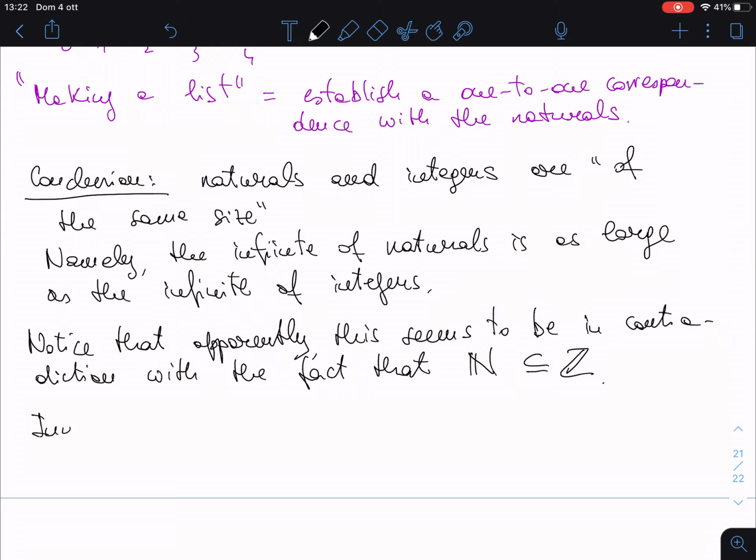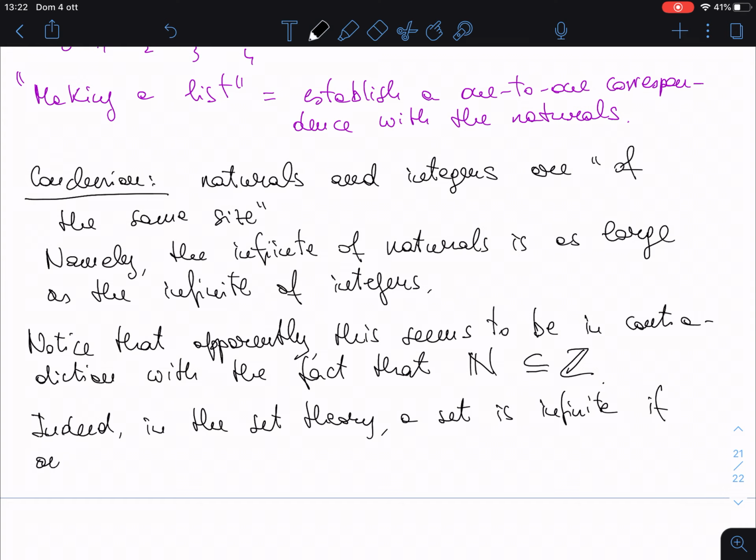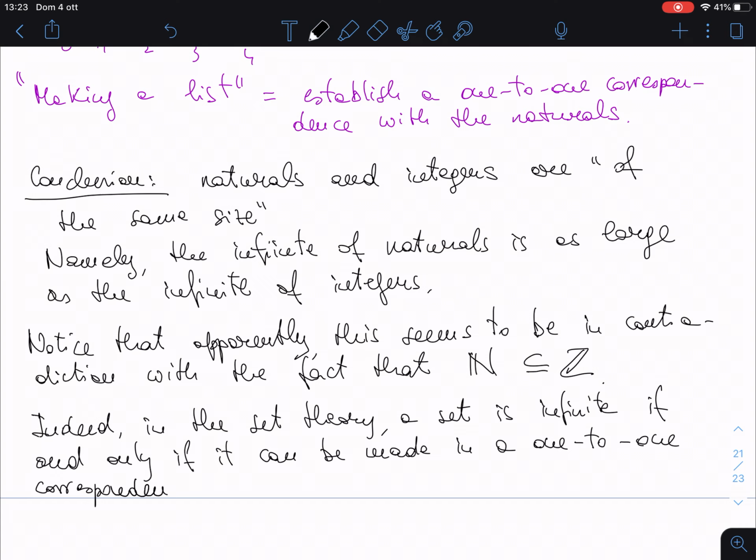Indeed, in the set theory, a set is infinite if and only if it can be made in one-to-one correspondence with a proper subset of itself.